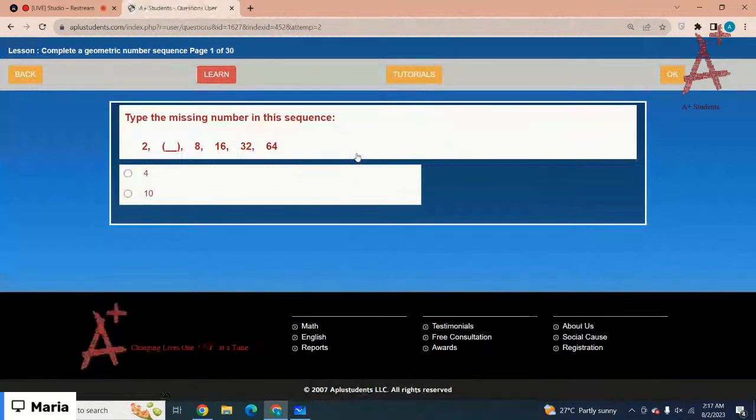Type the missing number in the sequence. 2, missing number, 8, 16, 32, 64.